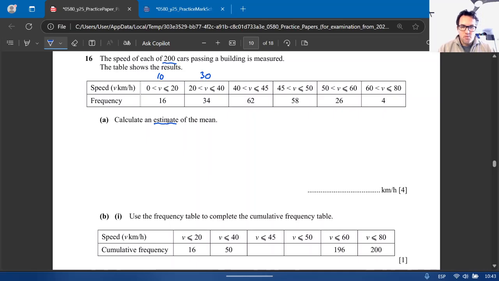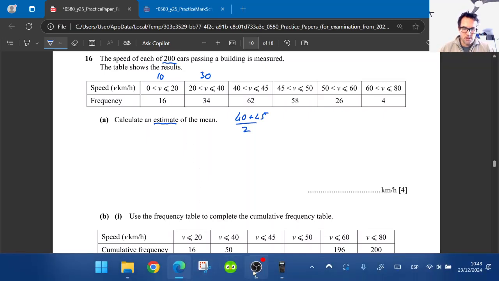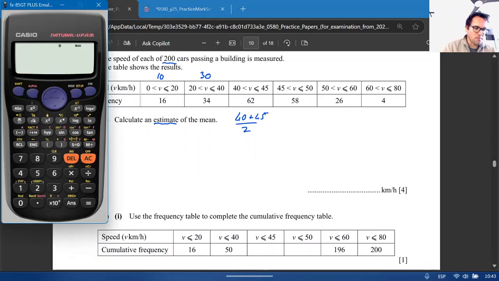The next one, between 40 and 45, well, that's 37.5. But if you're ever unsure of how to find this midpoint, you just add the 2 numbers together and divide by 2. Okay, that will give you the exact midpoint. So is there any uncertainty? Add it together, divide by 2, and you'll see. See, I was wrong. I said 37.5, it's 42.5.